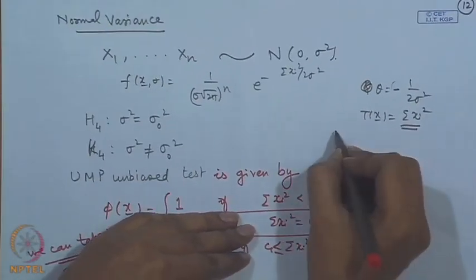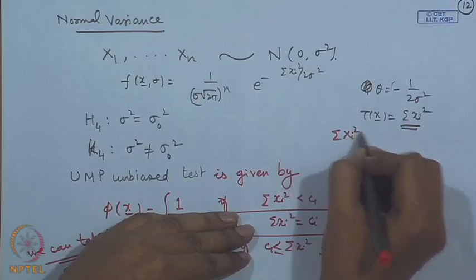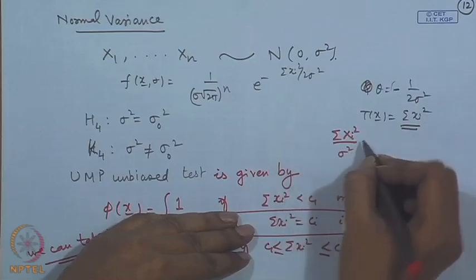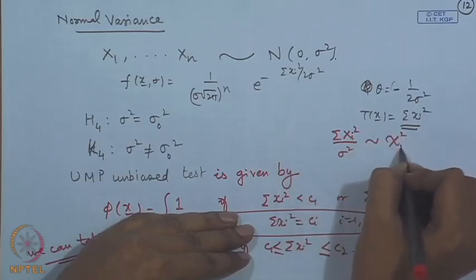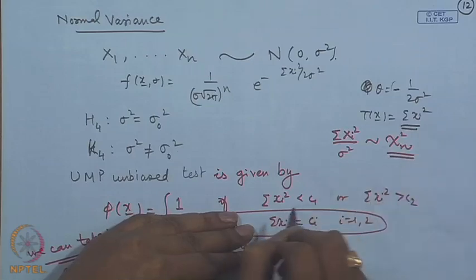So, this part can be then included here. Also, we can note here that sigma x I square by sigma square will have chi square distribution on n degrees of freedom.